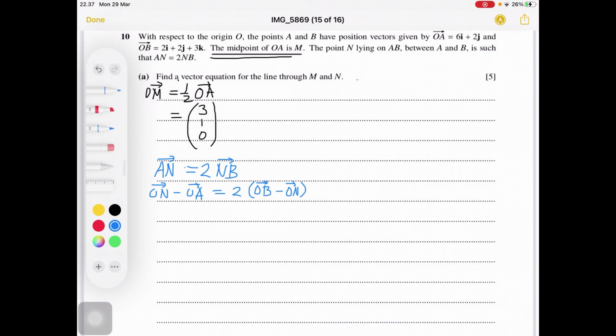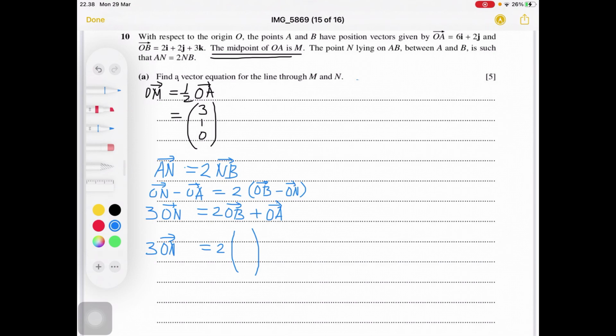And then using algebra, we can have 3ON is equal to 2OB plus OA. So 3ON is equal to 2 times OB.